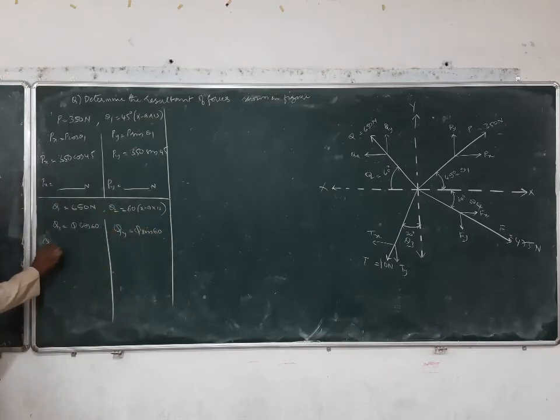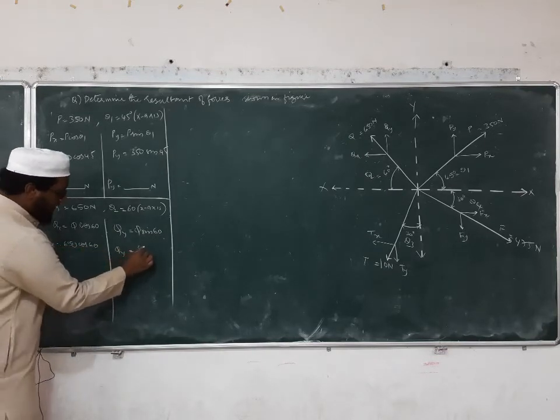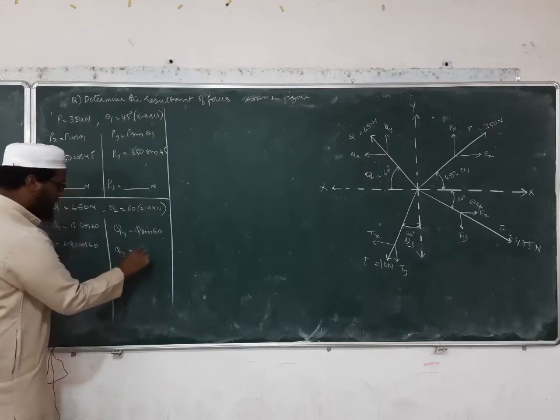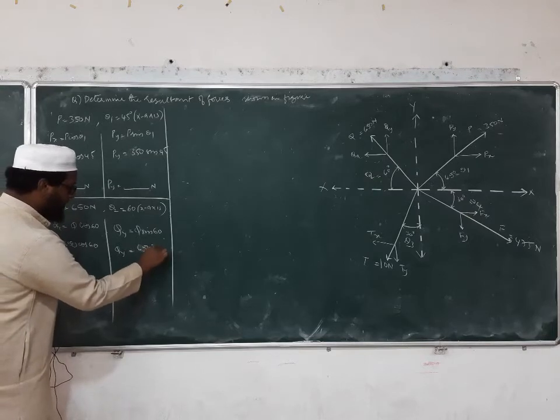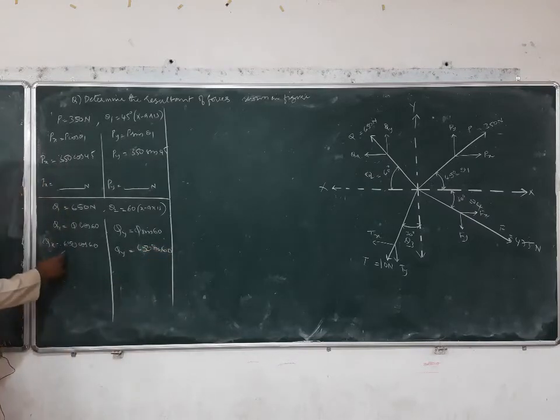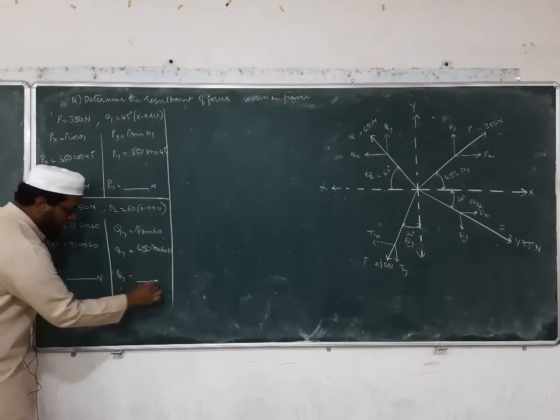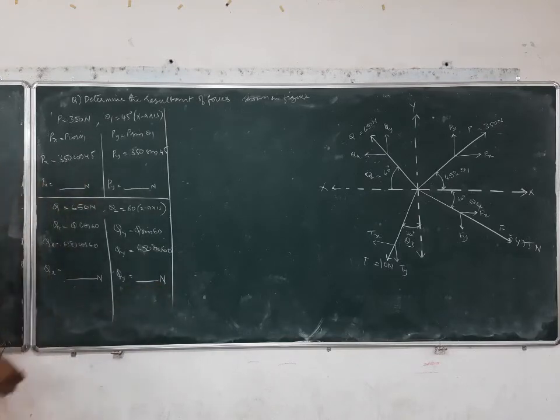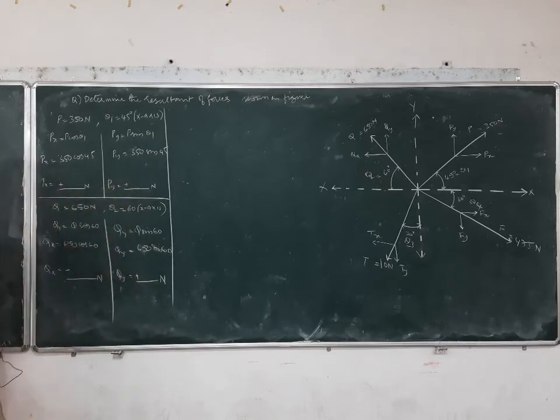So Qx is equal to 650 into cos 60 and Qy is equal to 650 into sin 60. You will get some value of Qx in newtons, and Qy in newtons. But since it is in the second quadrant, Qx will be negative and Qy will be positive.